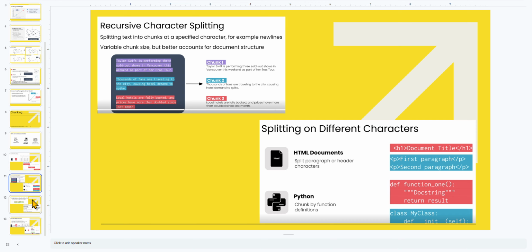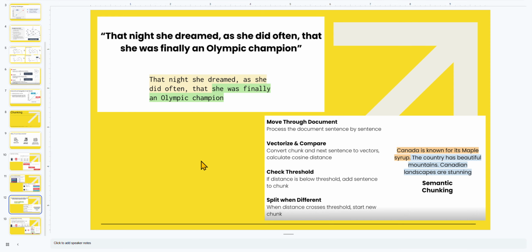What are other problems that we will encounter during chunking? The meaning of a sentence might be different if the sentence is not read fully. Let's imagine there is this sentence: that night she dreamed, as she did often, that she was finally an Olympic champion.